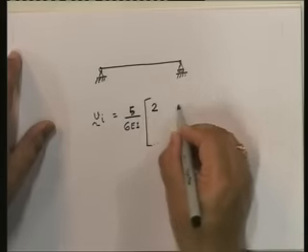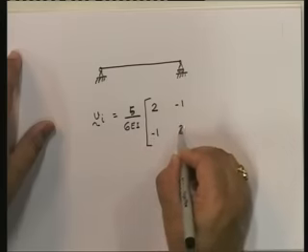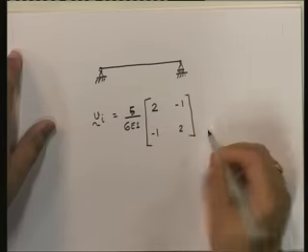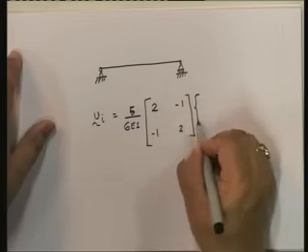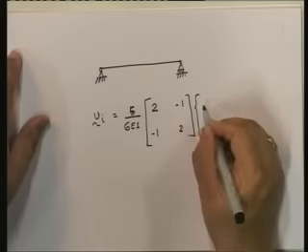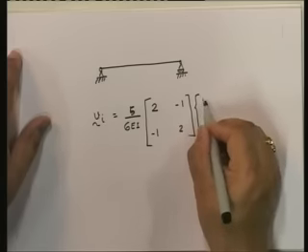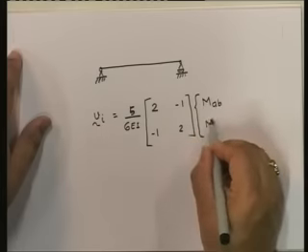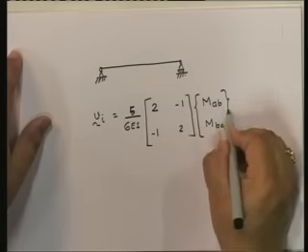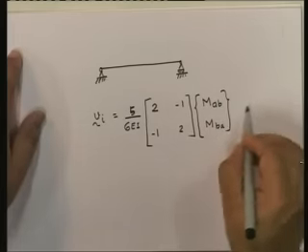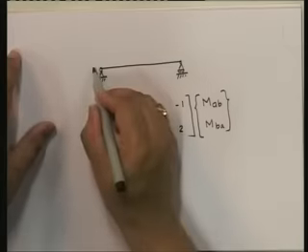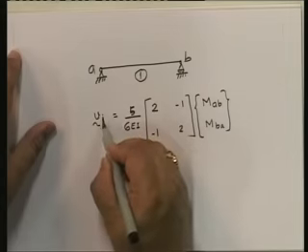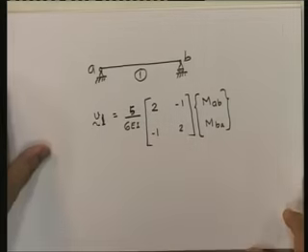Note that 2L upon 6EI is L upon 3EI, multiplied by the matrix, times MAB and MBA. Since there is no member load, for AB, which is member 1, for v1, this is it.